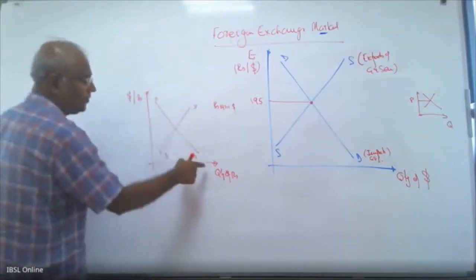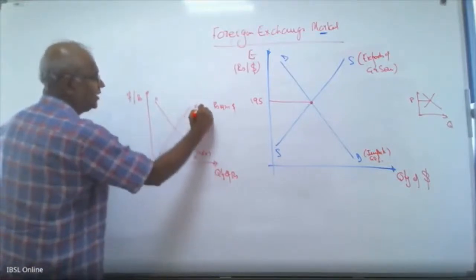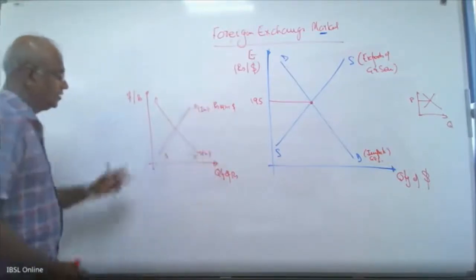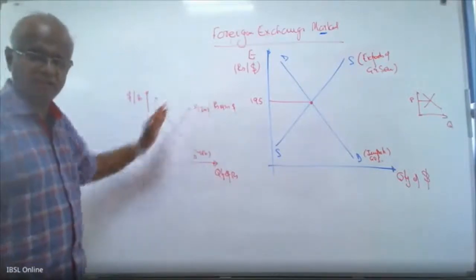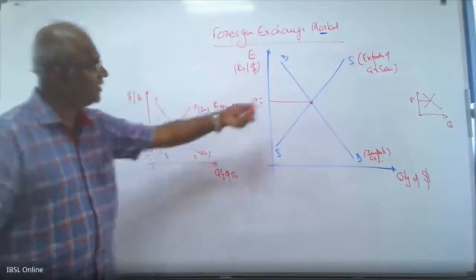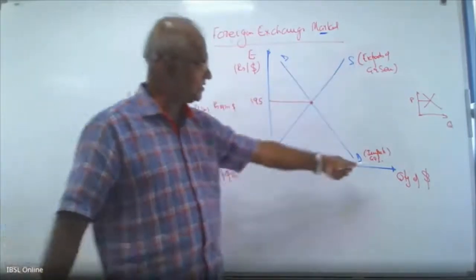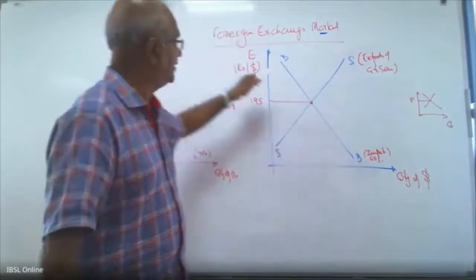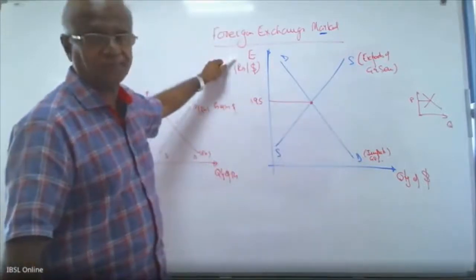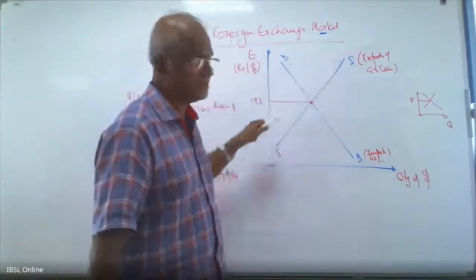Now demand for rupees comes from exports, and supply of rupees from imports. You go to the bank and you supply rupees; demand depends on exports. The other way around. If you classify the axes as quantity of dollars and rupees per dollar, this is demand for dollars and supply of dollars.